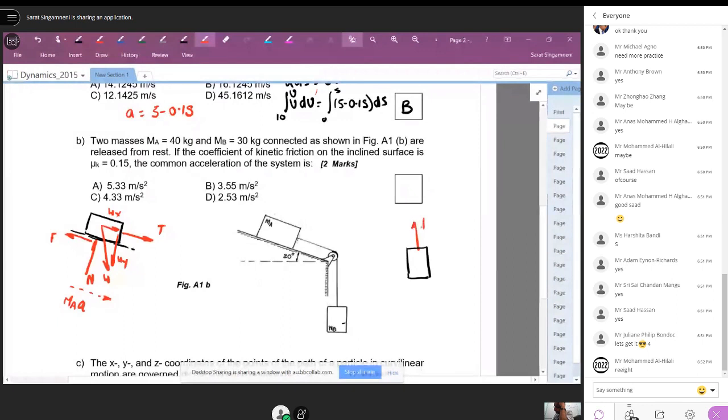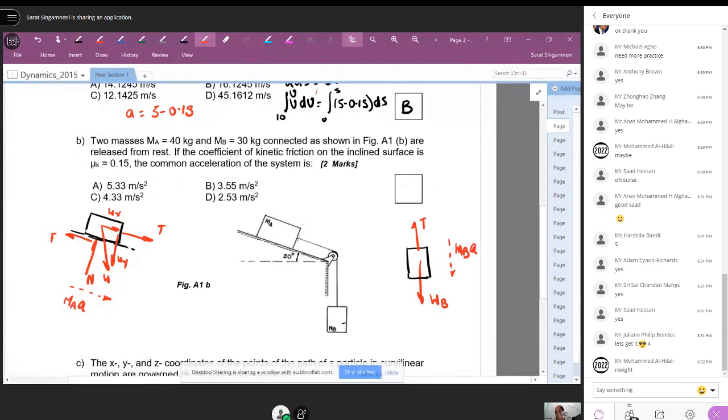The free body diagram of MB will have the same tension T and mass of B times g, that is the weight of B, WB, and the whole thing is moving down with mass of B times acceleration.